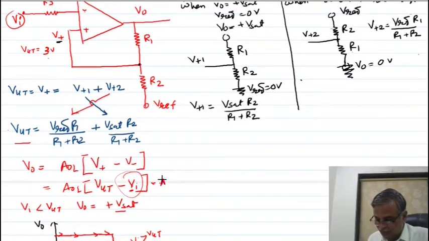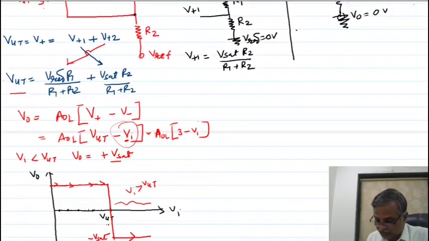Just for your understanding, I am writing this 3 minus Vi. So you can see here, up to 3 volt your output is positive. And as this voltage is more than 3, output becomes negative.